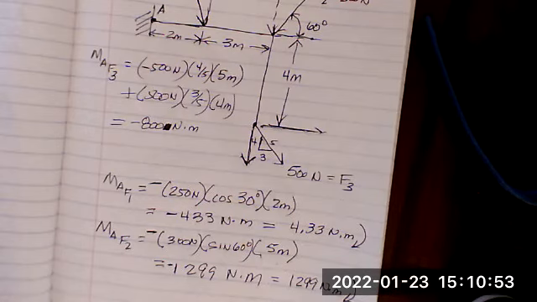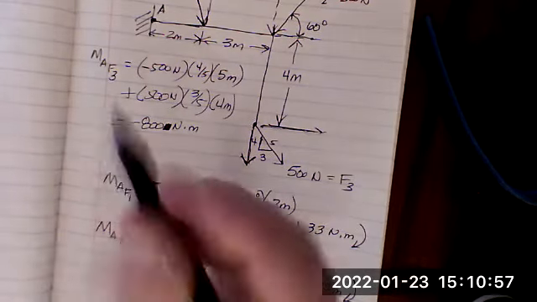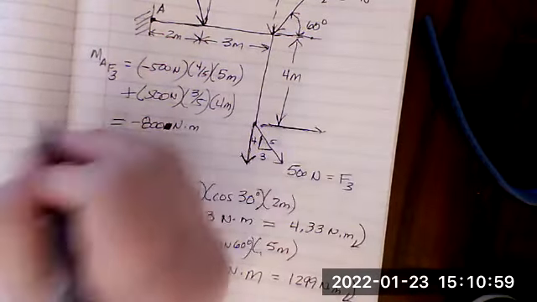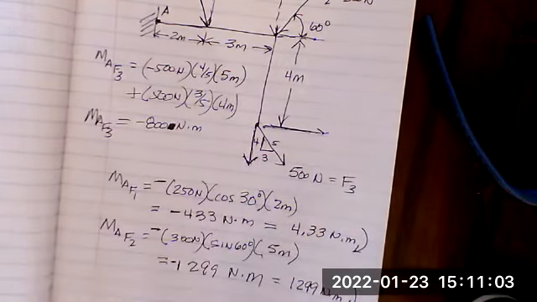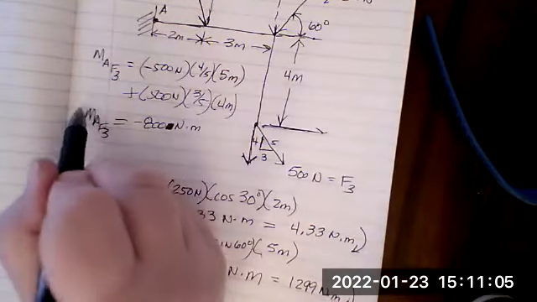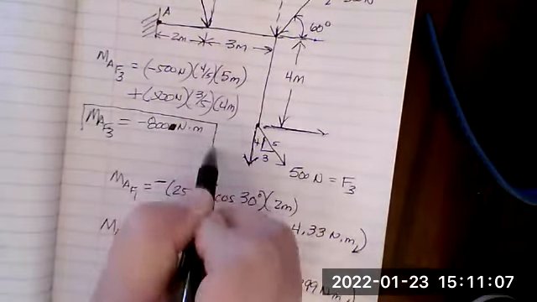So I got a positive 1,200 minus 2,000, and I got negative 800. So that is correct. So the moment about A with respect to F3 is negative 800 newton meters.